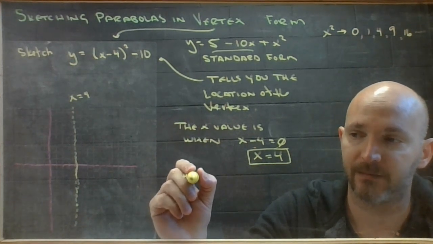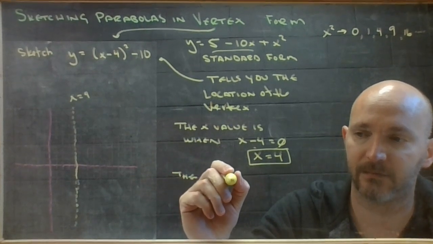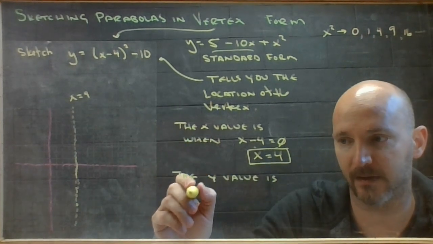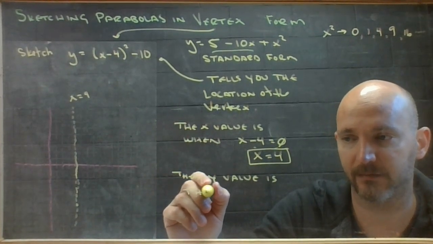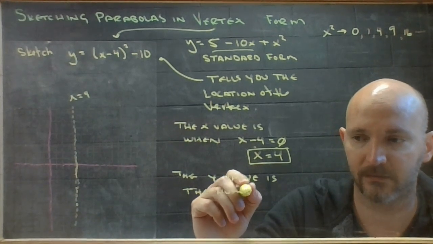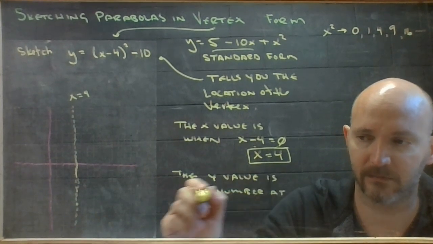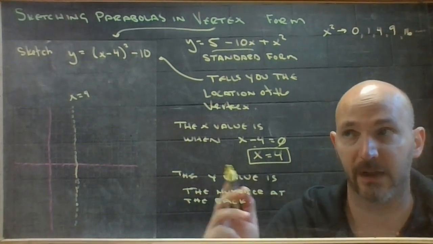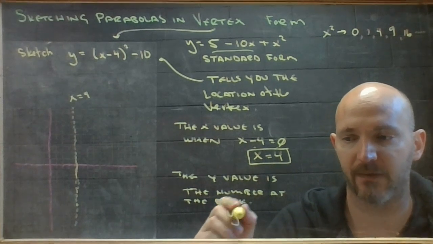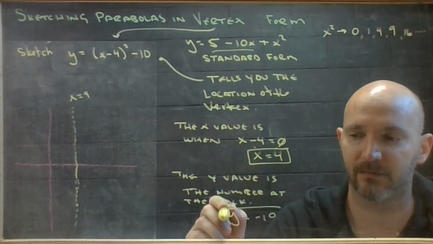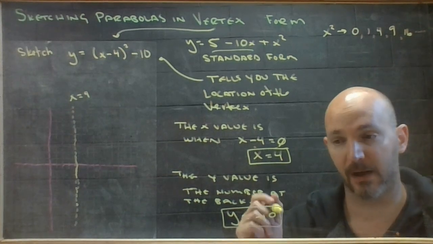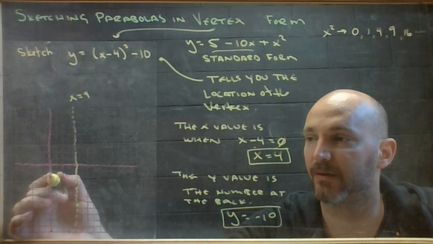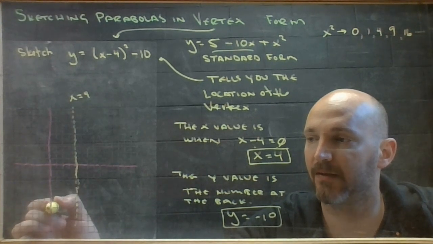The y value is the number at the back. So in this case, the y value is -10. So I'm going to draw myself a dashed line at -10. 1, 2, 3, 4, 5, 6, 7, 8, 9, 10.